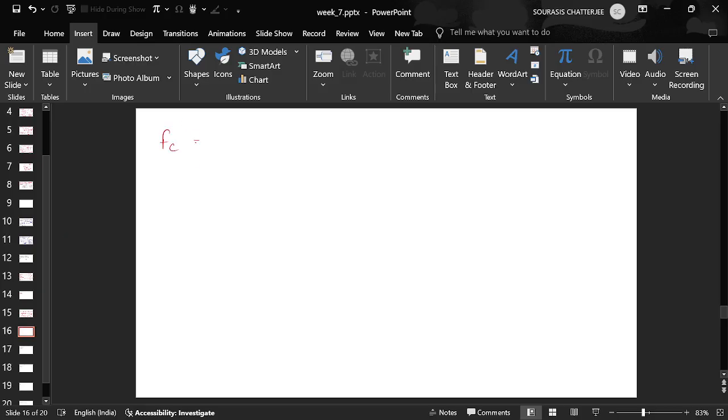So fc here is the scalar part 10 to the power 4 over 2 pi square root of 5 times 1 plus 1 over 1000 mt. So the mt amplitude is already much less than 1, and on top of that it is being divided by 1000, so this term you can ignore, it approximately goes to 0. So you are left with your carrier frequency expression as follows: 10 to the power 4 divided by 2 pi square root of 5.